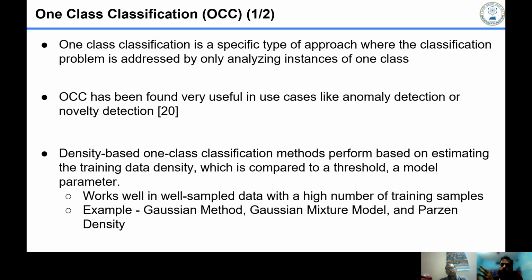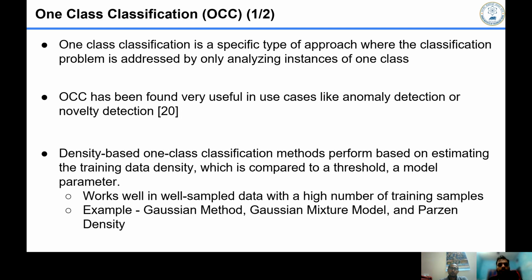So the model is built using one class of observations, and then the other samples are basically scored using that model. OCC has been found very effective in use cases like anomaly detection, novelty detection, where the minority class is very rare in occurrence.